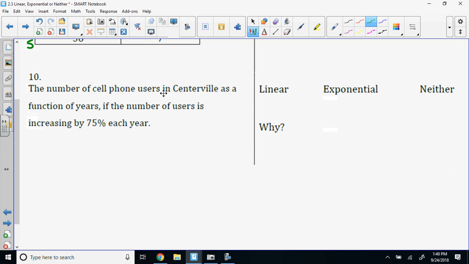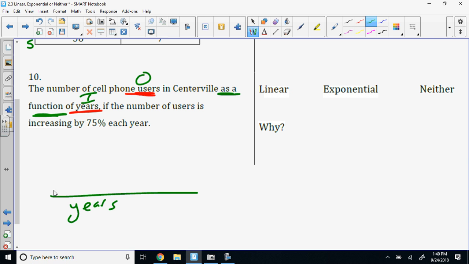All right, the number of cell phone users in Centerville as a function of the years. If the number of users is increasing by 75% each year, first off, which is input and which is output? As a function of, so that's an output. The years is down here. This is number of users, right?